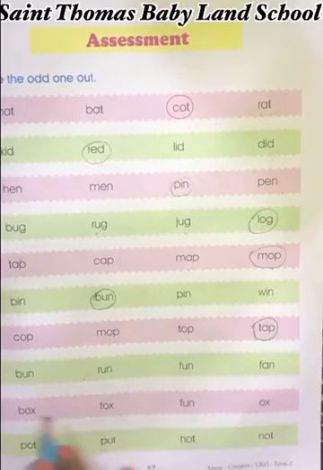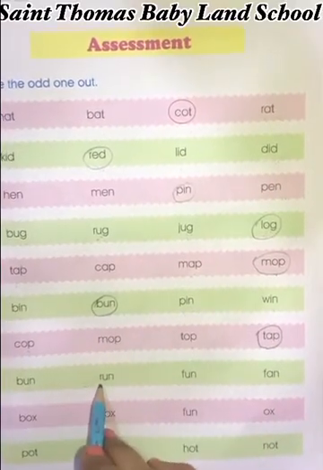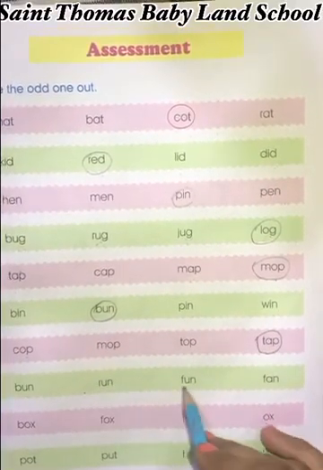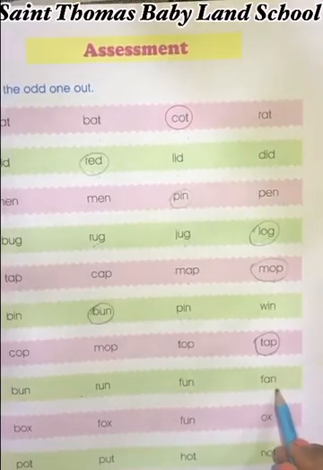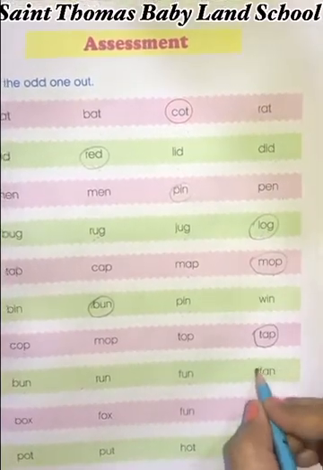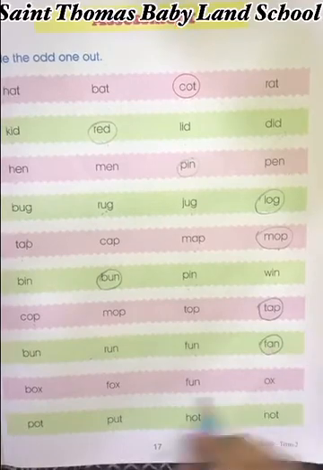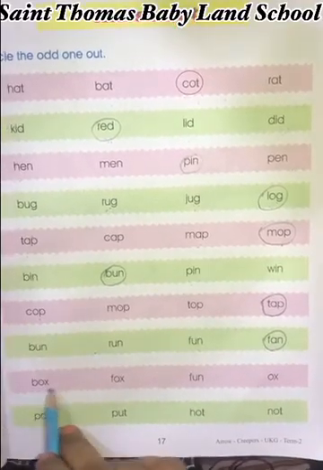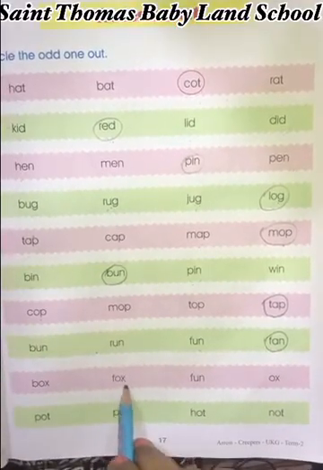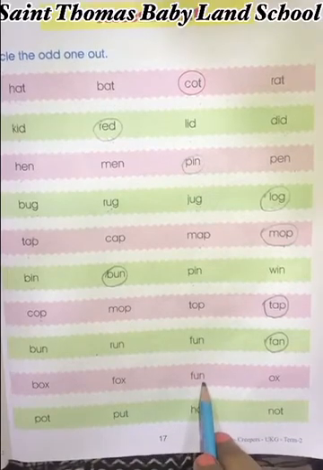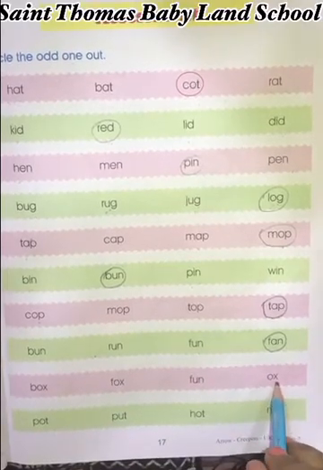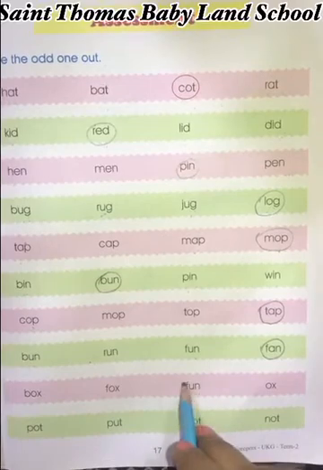Okay. Now B-U-N, bun, R-U-N, run, F-U-N, fun, and F-A-N, fan. So here this word is odd one. B-O-X, box, F-O-X, fox, F-U-N, fun, and O-X, ox. So we have to circle in which word?